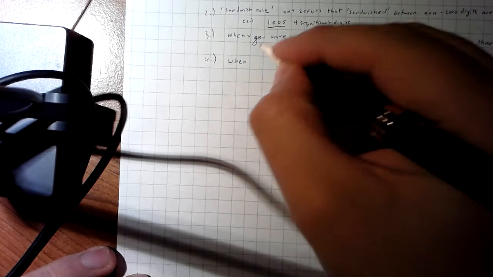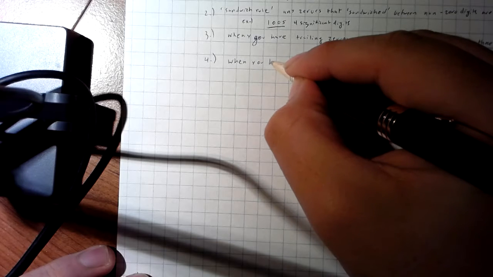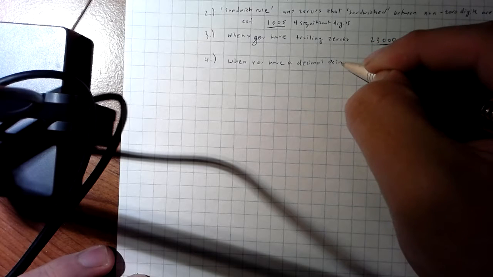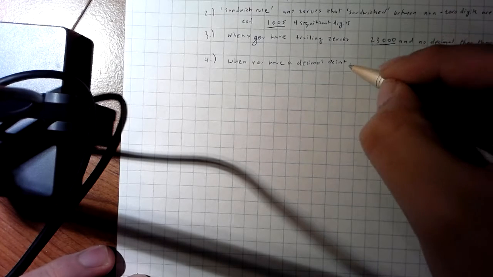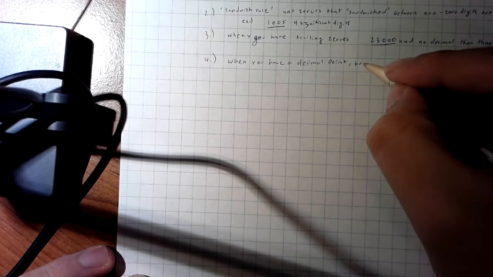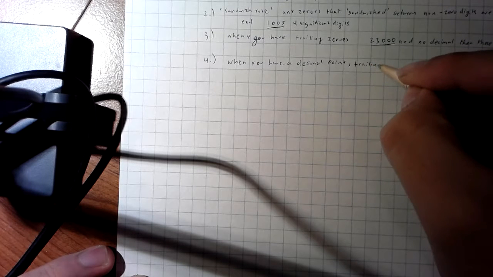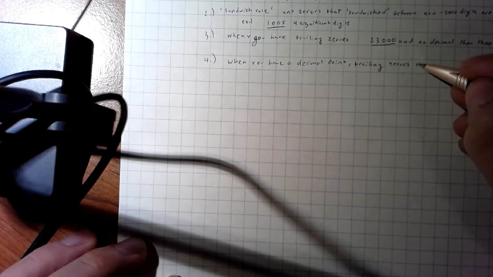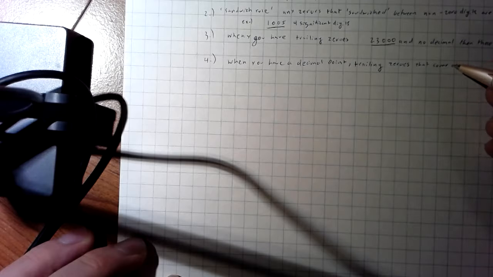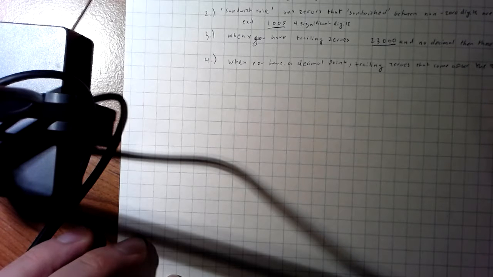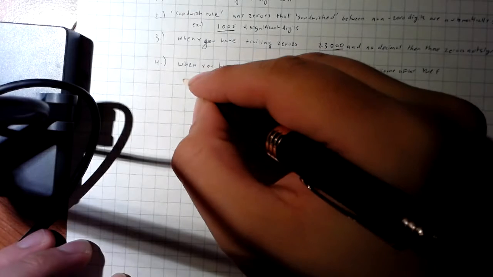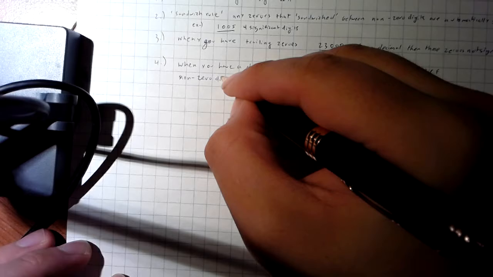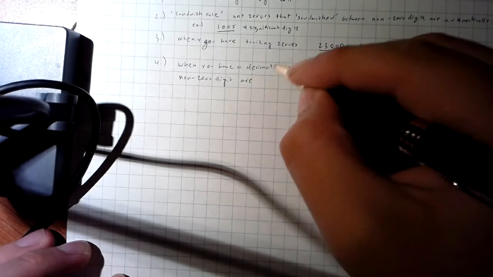When you have a decimal point, trailing zeros that come after the first non-zero digit are significant.